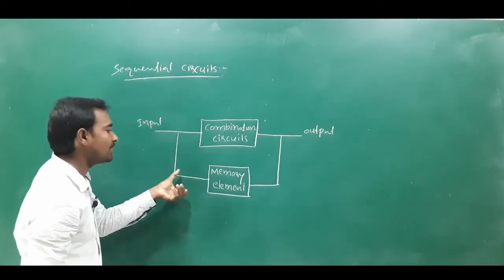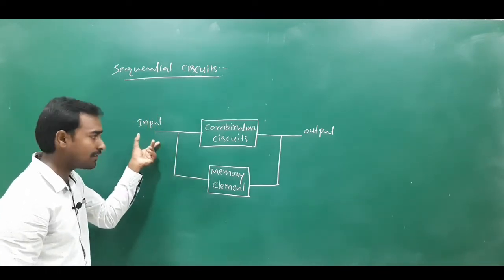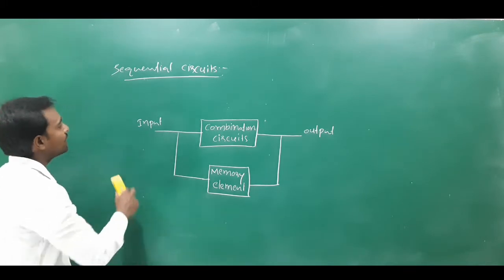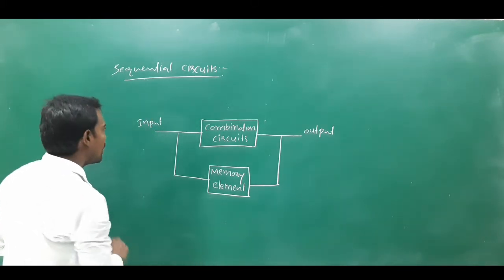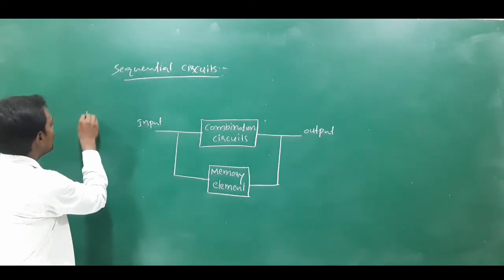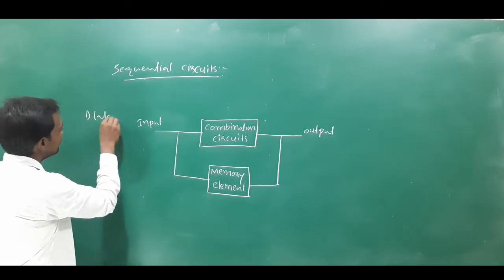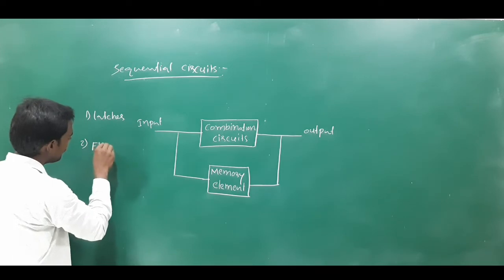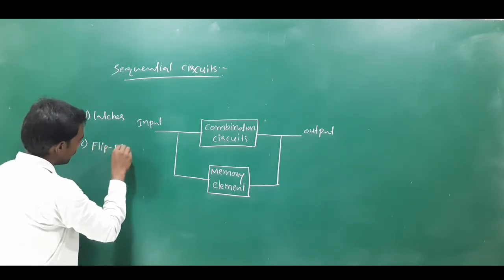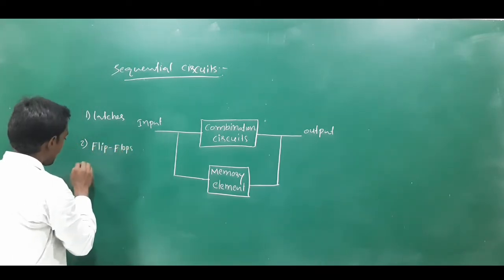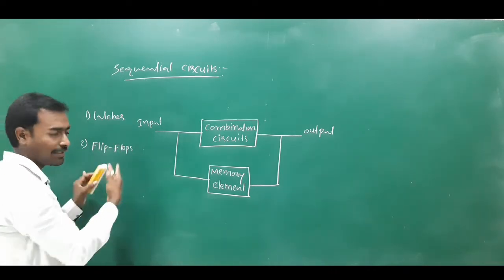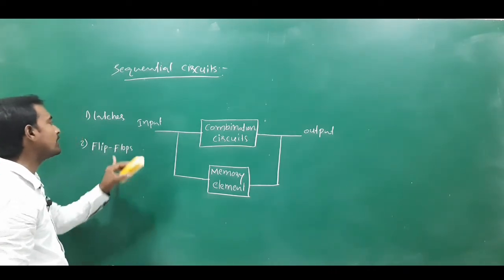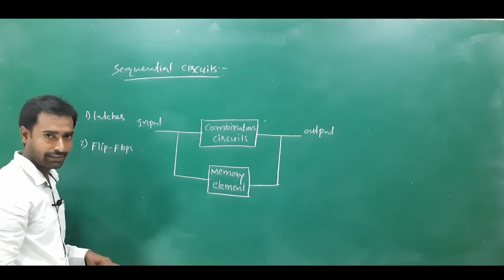So this is the basic block diagram of the sequential circuit, and these sequential circuits are like first one latches, and second one flip-flops, and different types of sequential circuits we have. And today we will discuss about latches.